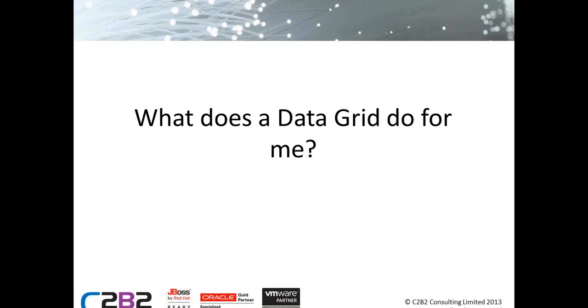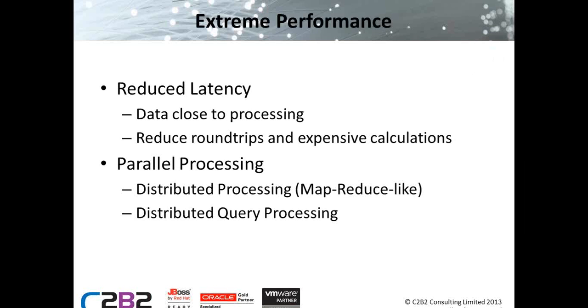So what can the data grid do for you? Oracle Coherence essentially is a large-scale partitioned cache with compute capabilities, with eventing, in-place processing, parallel querying, and it will essentially give you extreme performance through reduced latency.